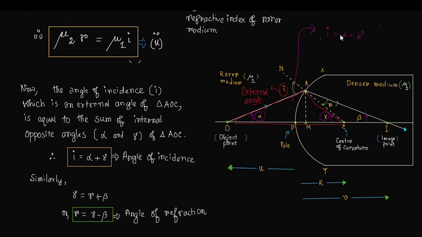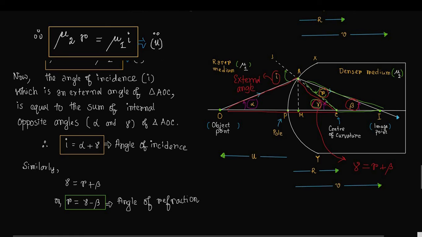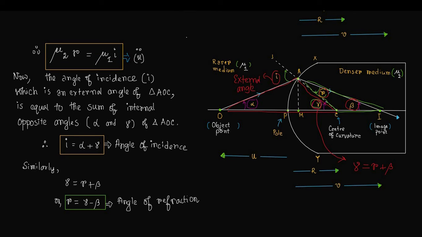Similarly, from the triangle ACI, gamma is the external angle, which will be the sum of two opposite internal angles. That's why gamma is equal to R plus beta. We get I as alpha plus gamma, and the angle of refraction R as gamma minus beta.